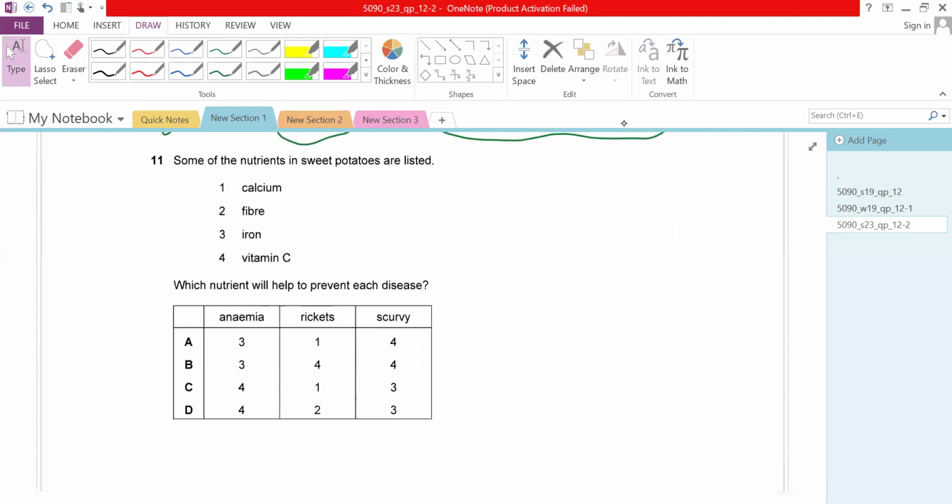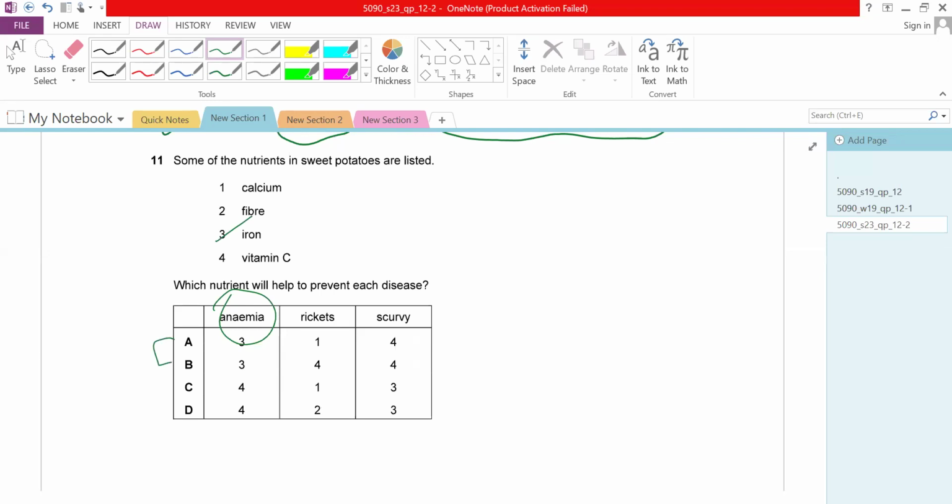Question 11. Some of the nutrients in the sweet potato are listed. Four nutrients are listed: calcium, fiber, iron, vitamin C. Which nutrient will help to prevent each disease? So you can take any one of them. First column is anemia. So we can see that iron prevents anemia.